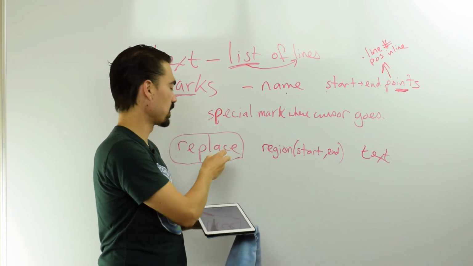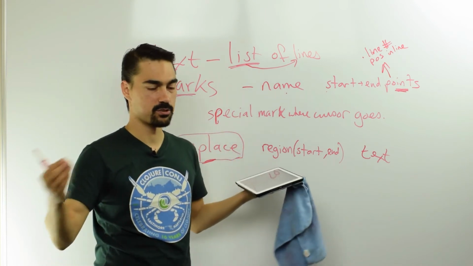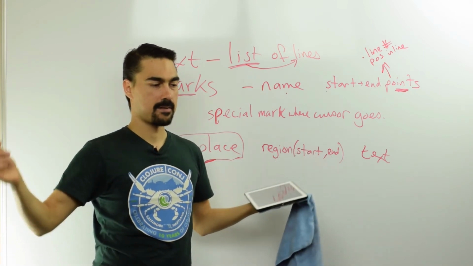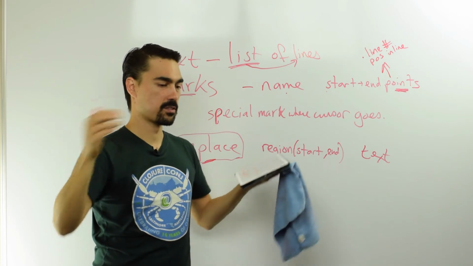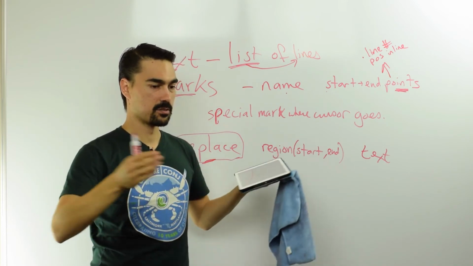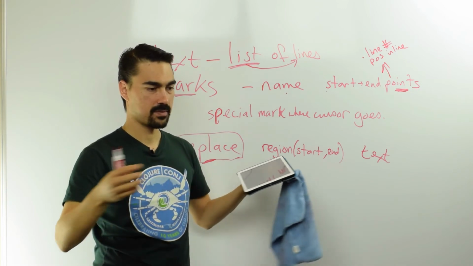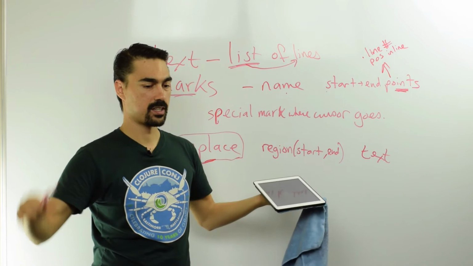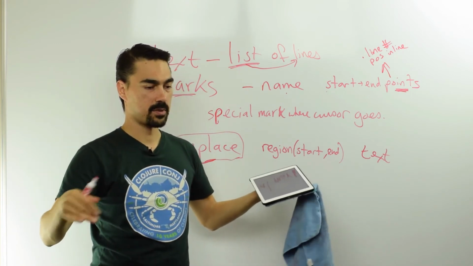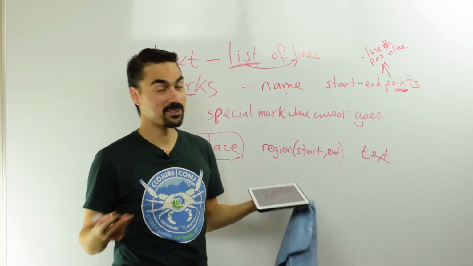If you wanted to do a replace, just turn the whole thing back into a string, join with new lines. When you do an insert, you join with new lines, split at the point, join the two halves with new lines, put the text in the middle, boom, put it in there, and then re-split on new lines. I mean, you could do that.